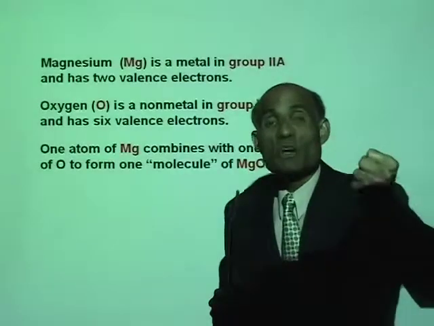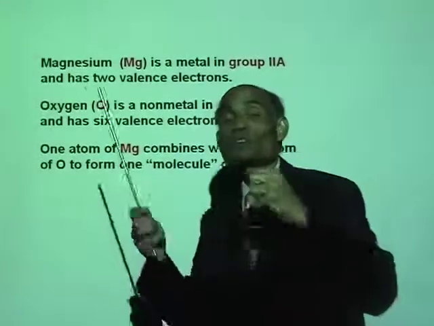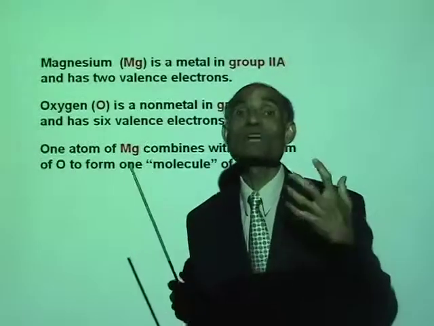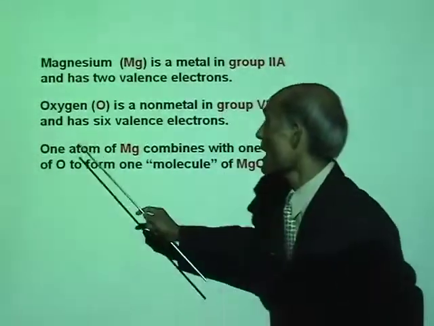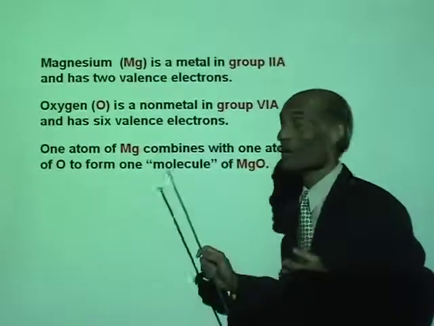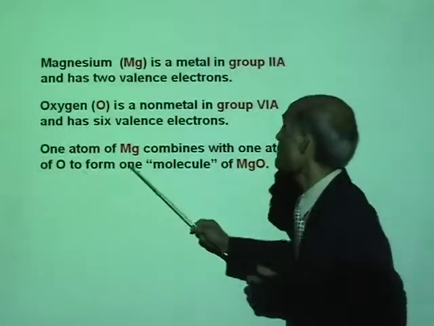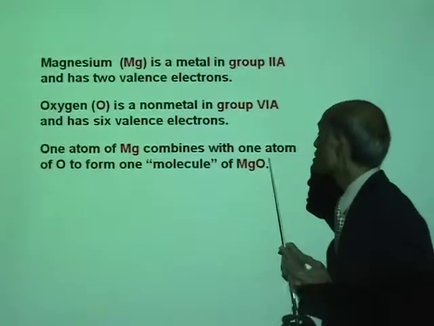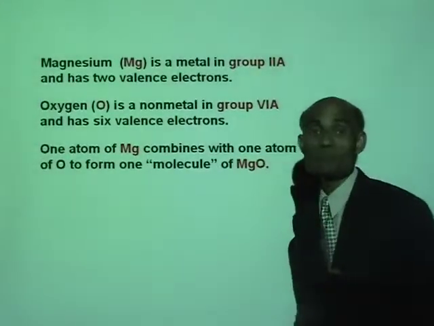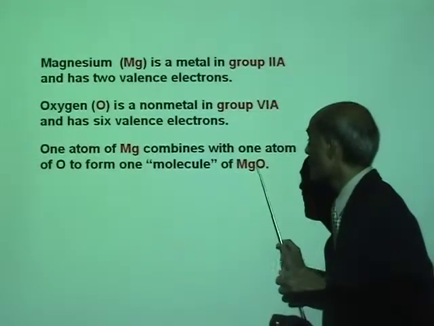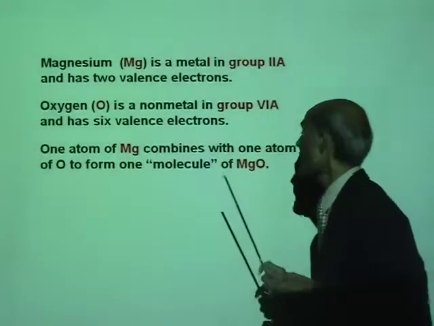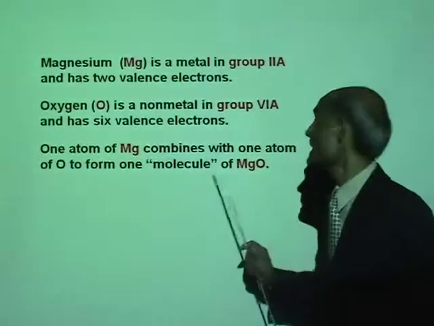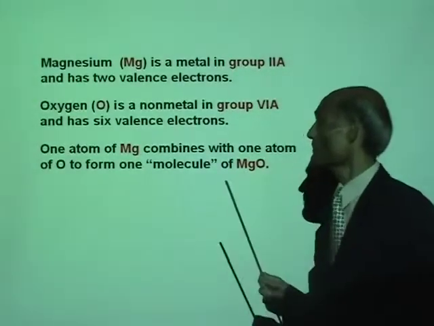So magnesium will give 2 electrons, oxygen will receive 2 electrons, and that arrangement is perfect. So one atom of magnesium will combine with one atom of oxygen, creating this molecule MgO. The formula for the compound is MgO.